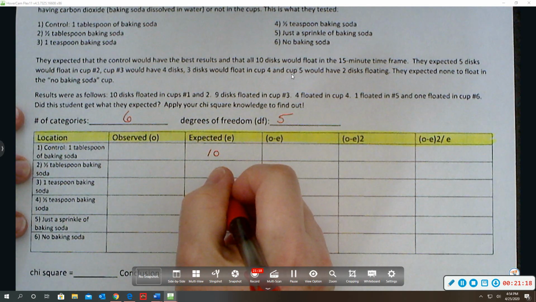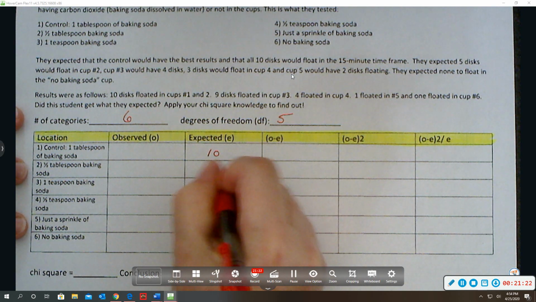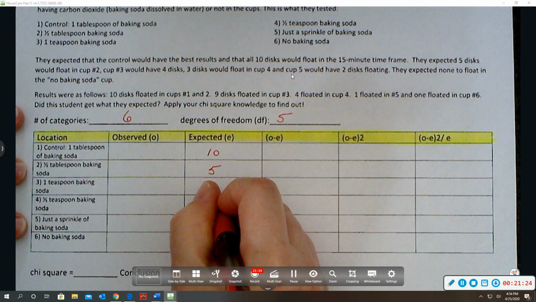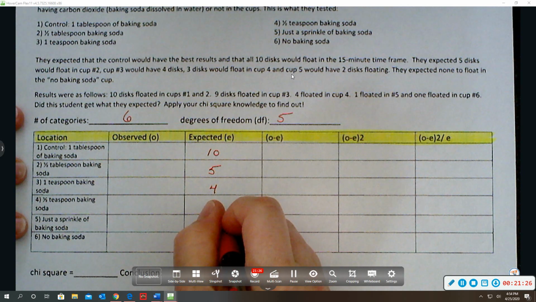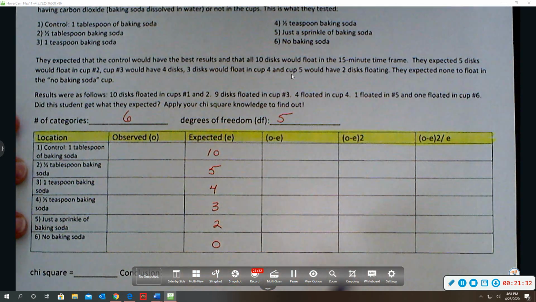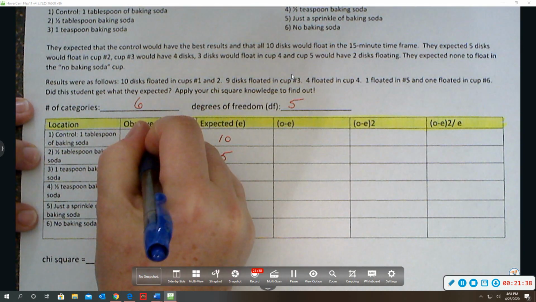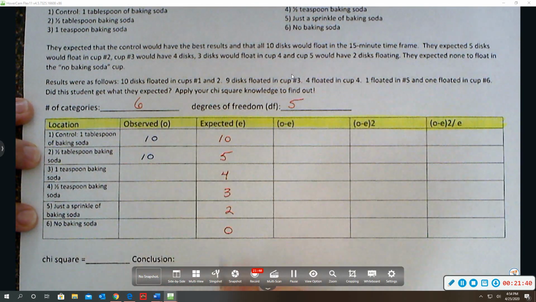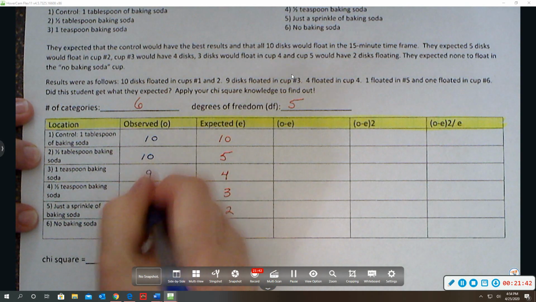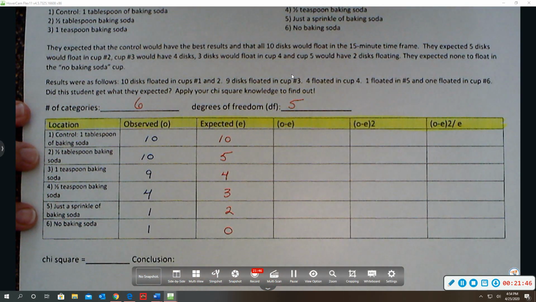They expected all 10 discs in the control, 5 in this one, 4, 3, 2, and 0. Well, then they actually did the experiment, and here's what they found. 10 in both of those. 9, 4, 1, and 1.